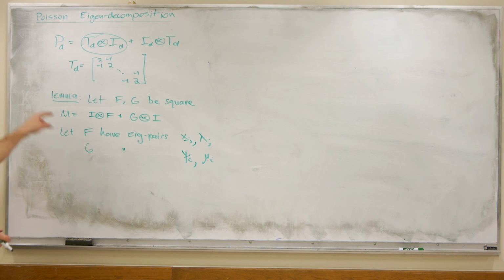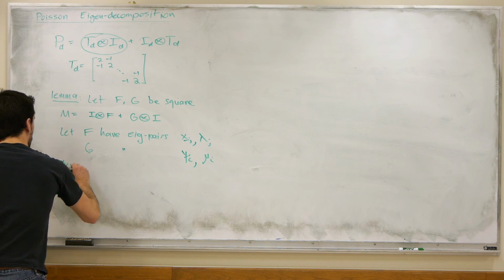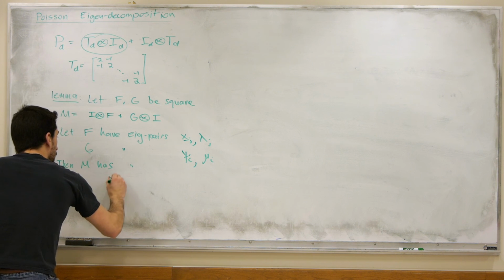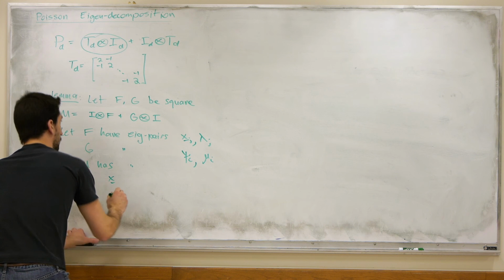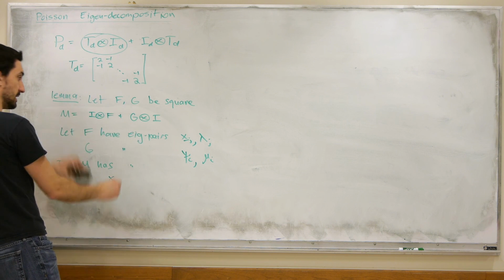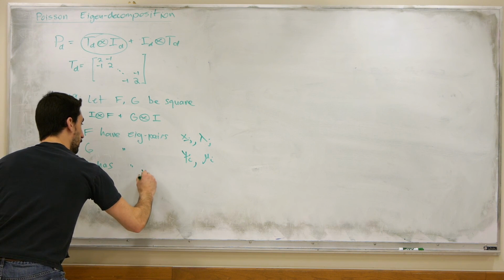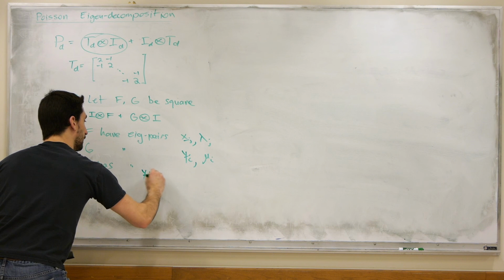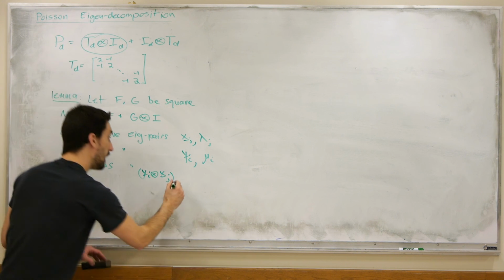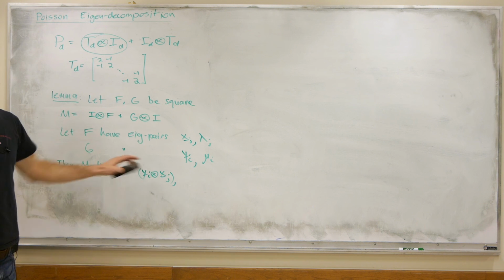Then the claim is that M has eigenpairs, you have to make sure the x and the y match up with the position of F and G. M has eigenpairs y_i Kronecker x_j as the vector, and then the eigenvalue, instead of lambda times mu, now it's lambda plus mu.